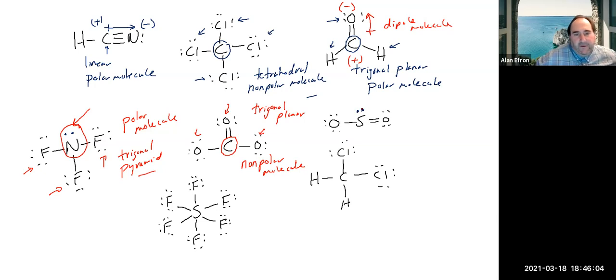Coming over here to SO2, I see central atom, I see dots, I see outside ones the same, I see a polar molecule. And again, between sulfur and oxygen, oxygen is going to be more electronegative. So we got this guy going this way, this guy going this way. And again, drawn in sort of 2-dimension, they may look like they're going to cancel each other out.